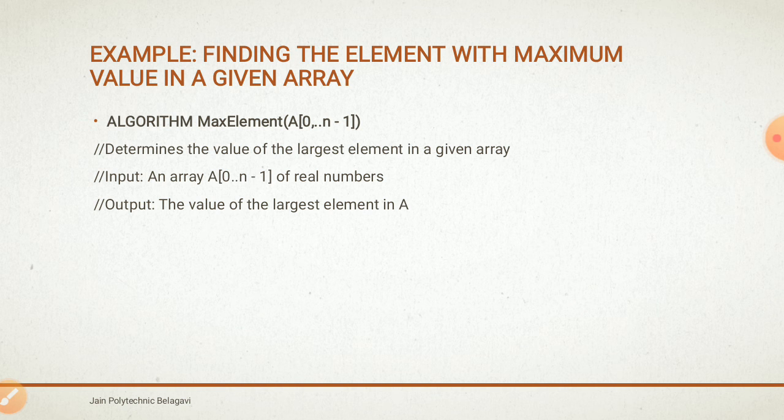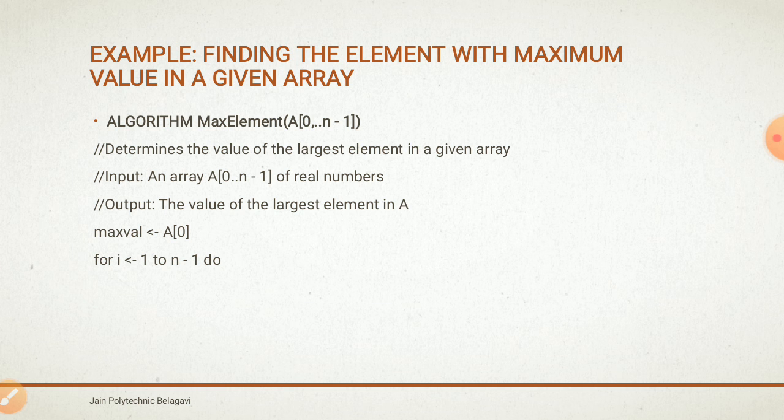Then we assign the first value to the variable maxval from that array: maxval = A[0], where 0 indicates the index of that value in the array.